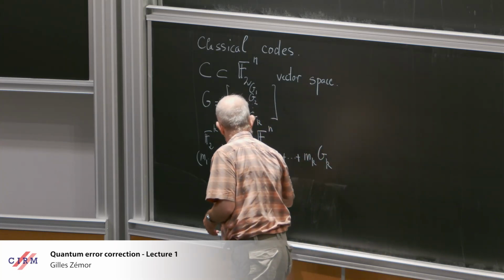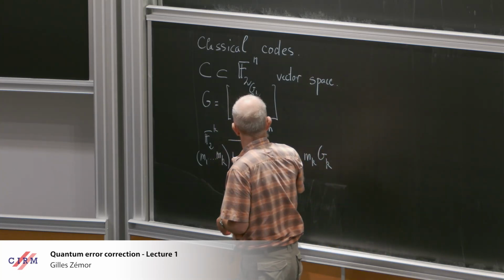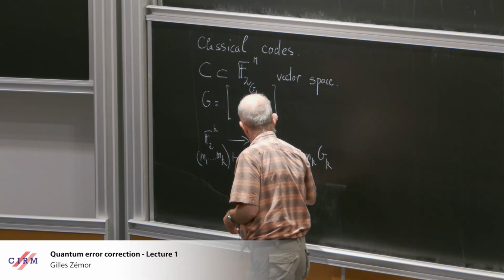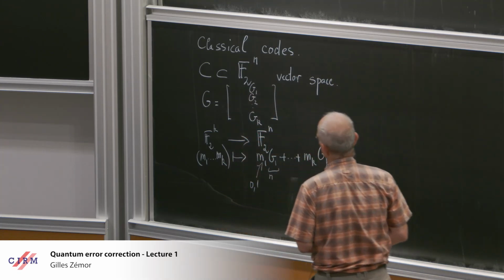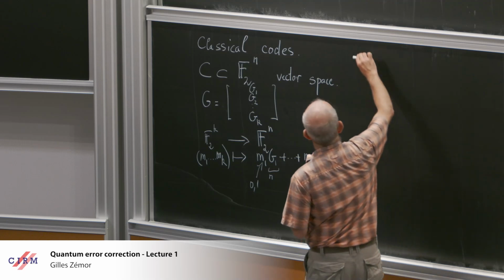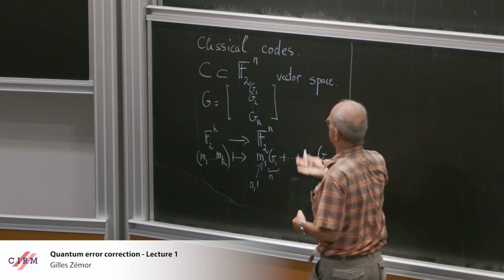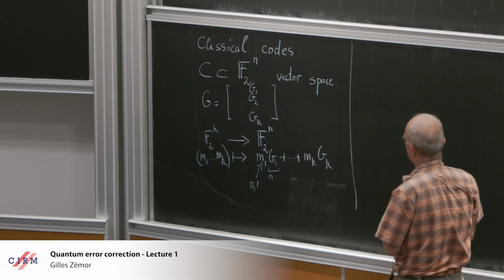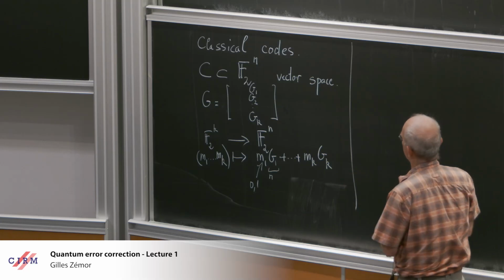So the mi's are just bits, the zeros or ones, and these are n-tuples. That's it. So you transform k-tuples of information into n-tuples.